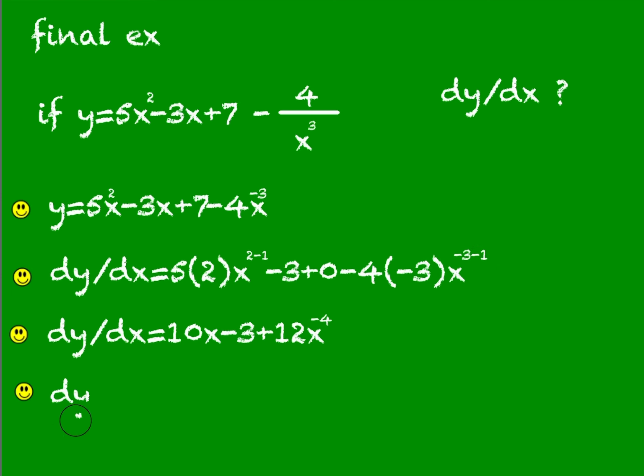Then dy over dx equals 10x minus 3, don't touch. Just I need to bring it down because it has a what? A negative exponent. I need to make it positive. Thank you very much. All the derivatives for AI SL students done. Thank you very much.